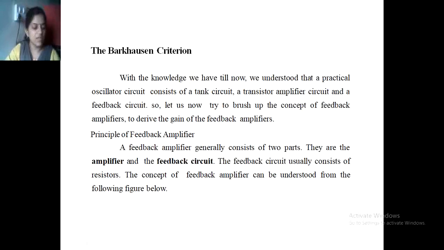For the oscillation purpose, we have to focus on the Barkhausen criteria, which says that the amplifier gain and feedback factor product is equal to 1. An oscillator circuit consists of a tank circuit, a transistor amplifier circuit and a feedback circuit.